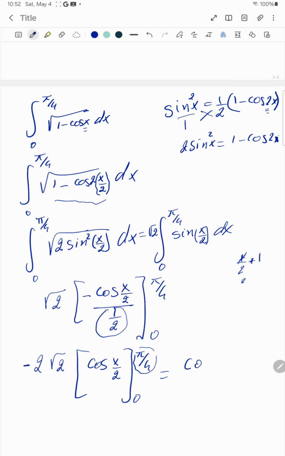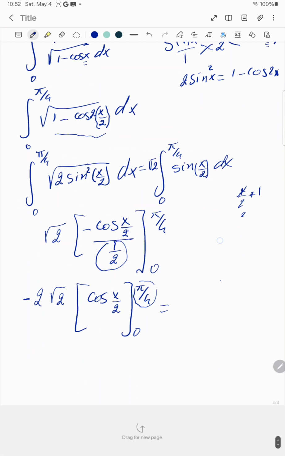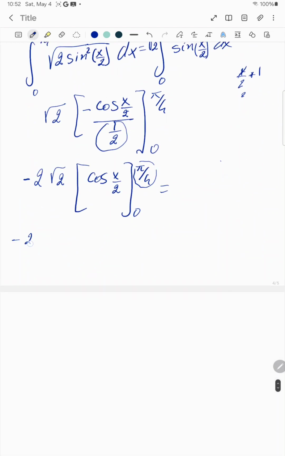So I forgot to put minus 2 square root of 2, minus 2 square root of 2 cosine pi divided by 8 minus, let me write them down. It's cleaner. So it becomes minus 2 square root of 2, and I open my big parentheses. It's cosine pi over 8 minus cosine 0 over 2, which is cosine 0.